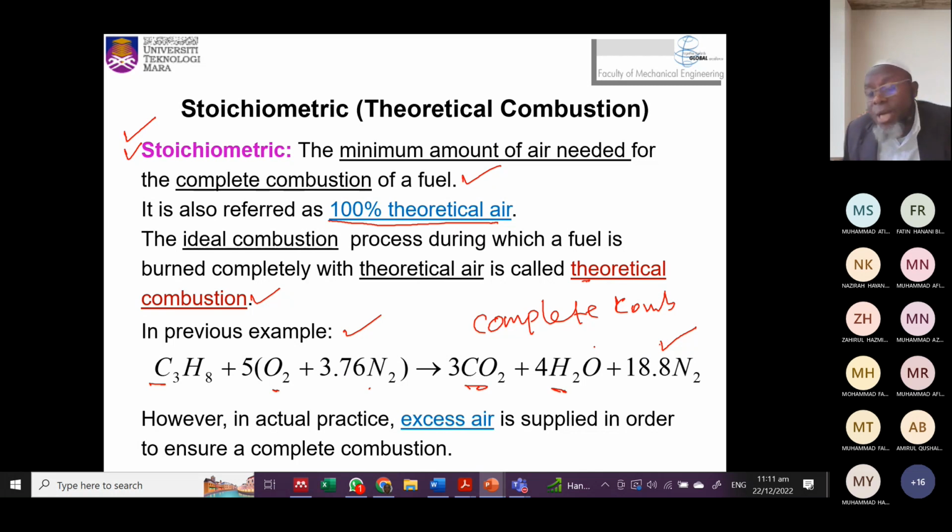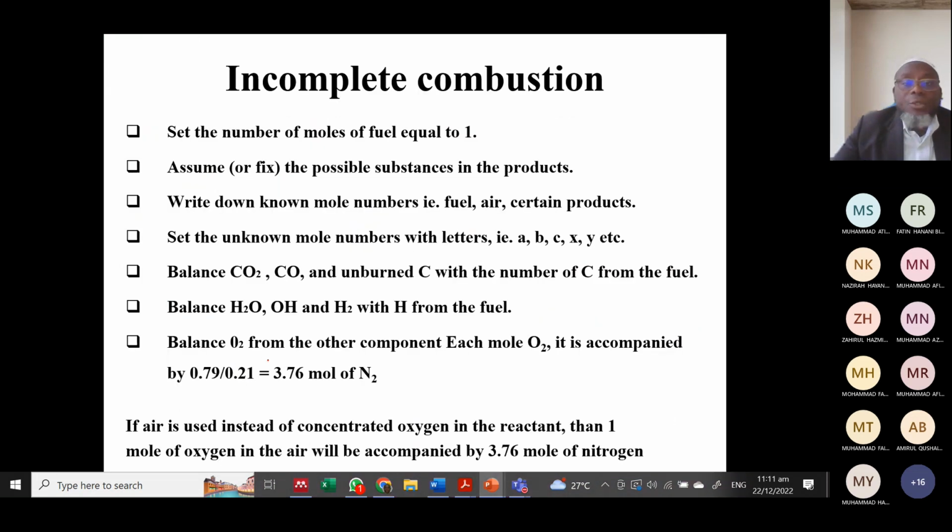All the carbon is converted into carbon dioxide, all the hydrogen is burnt into water, and the nitrogen comes in, nitrogen goes out. But what we are saying here is that in order to ensure complete combustion, all the time we put in some excess air. Excess air is more air put into the combustion to ensure complete combustion.